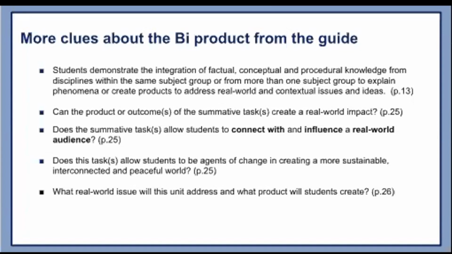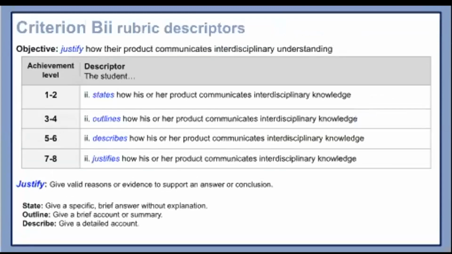And some of the questions they ask are, can it create a real world impact? Does it address a real world issue? Does it connect with and influence a real world audience? Does the task allow students to be agents of change in creating a more sustainable, interconnected, and peaceful world? What real world issue will this unit address, and what product will students create? Purposeful action comes out of it.